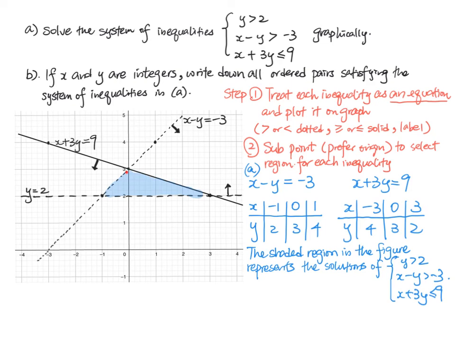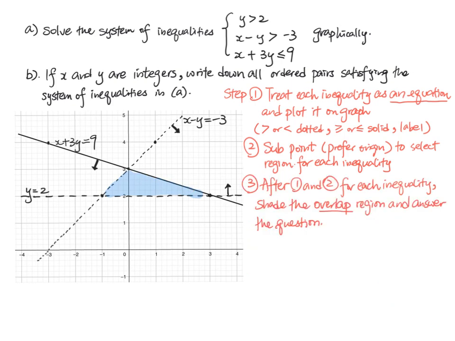Except the points right on the dotted lines, those are not included. But the points on the solid lines are also part of the solutions. So here's the summary for part A. You do steps 1 and 2 for each of these three, and then you look for the overlap and highlight it, and that would be step 3.